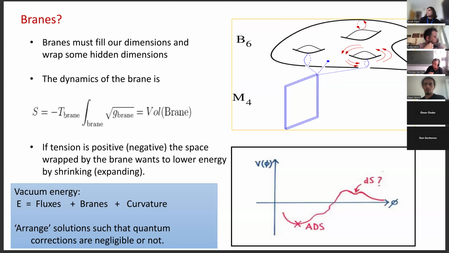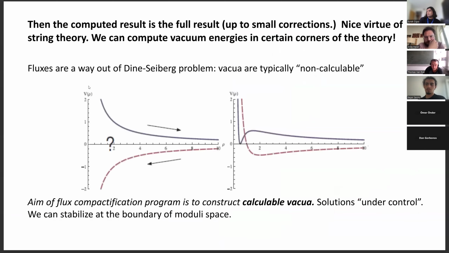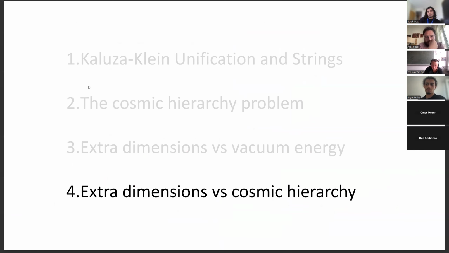They're fixed by a certain topological condition. Anyhow, just remember they're negative tension objects. They're called orientifolds, and they will be crucial for what I'm going to explain to you in the last part of the talk. Okay. And so the last part of the talk, I finally want to address the cosmic hierarchy problem.